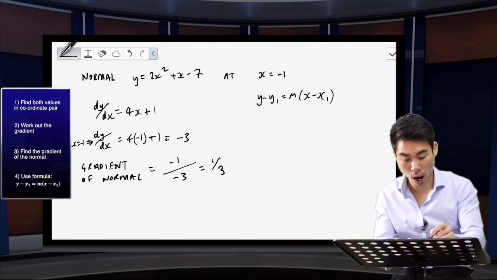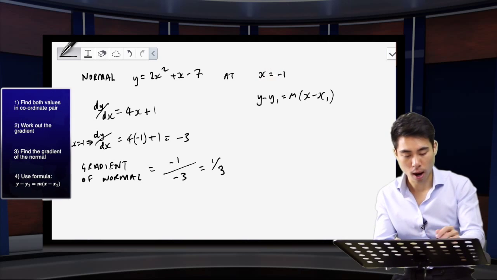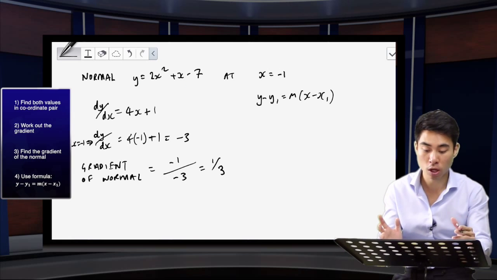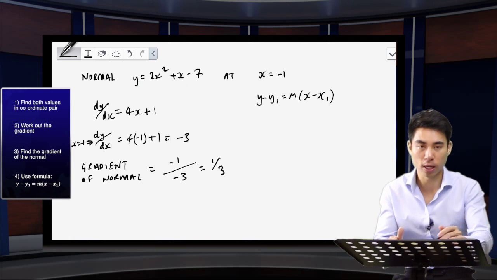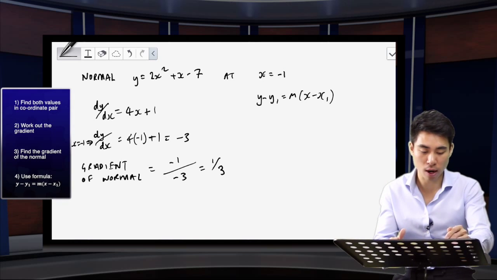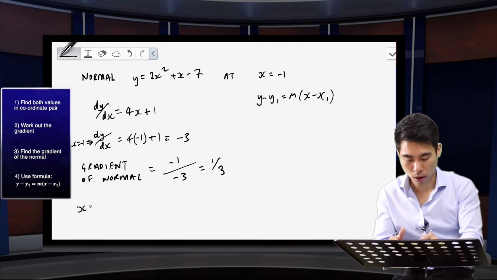We've got our x-coordinate of a point on the line, which is x equals -1. We now need the y-coordinate, and it's exactly the same as when we're working out the y-coordinate for the tangent to a curve. What we're going to do is substitute in this value here, x equals -1, into our original function.